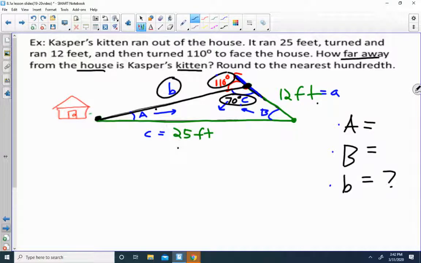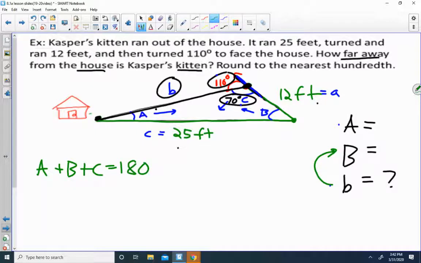But here's the thing. We can't find little b yet until we find its pair, because we're missing both big B and little b, and I can't find one until I find the other. Okay, Miss Shulin, I just need to find big B. So let's do A plus B plus C equals 180. So I don't have an A yet.